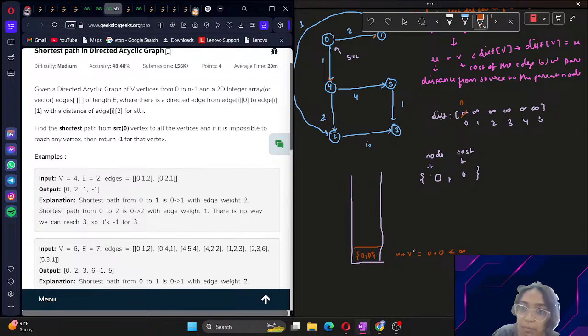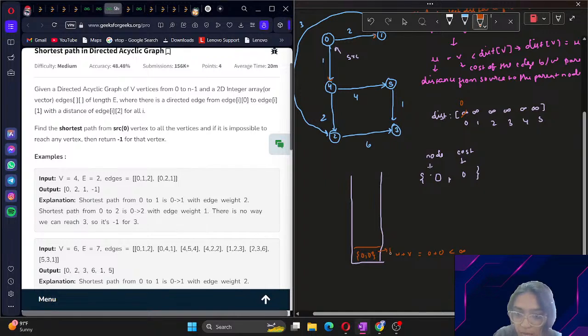And the distance from source to source is 0. So we have 0 plus 0 is equal to 0, which is less than infinity. Now we are going to pop this out and push its neighbors, that is 1 comma 2 and 4 comma 1.